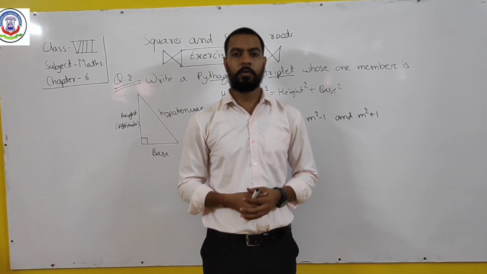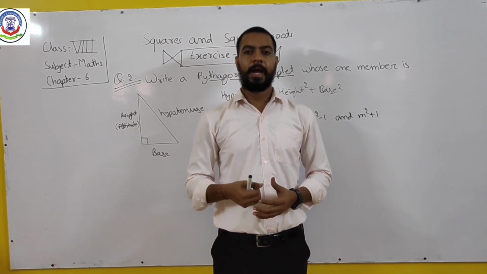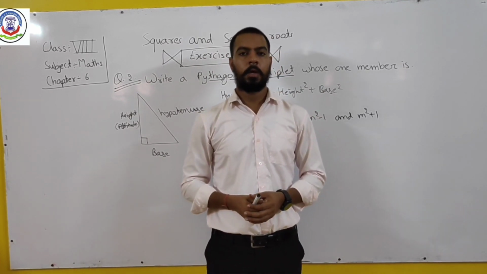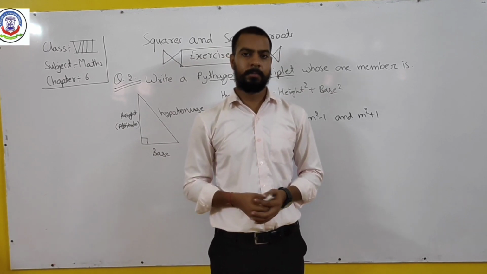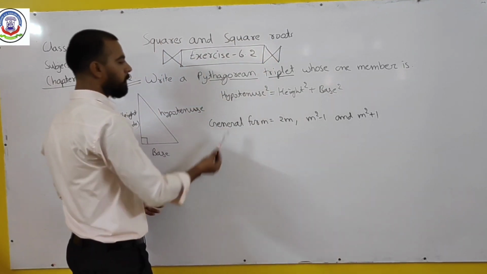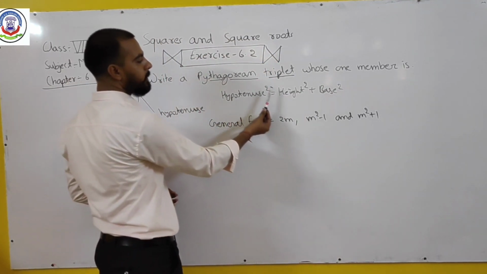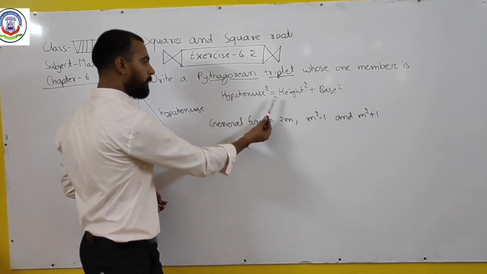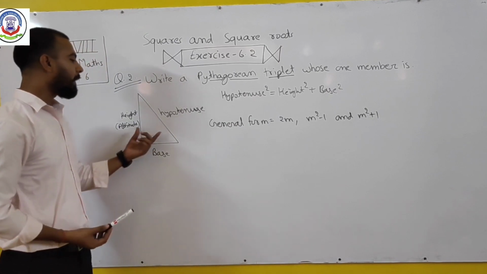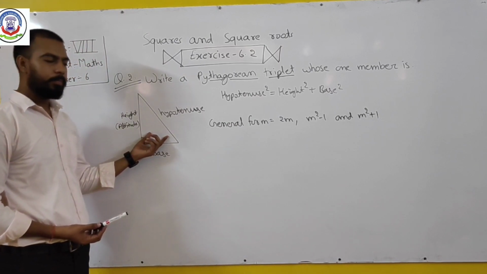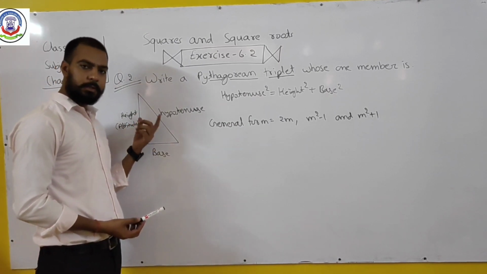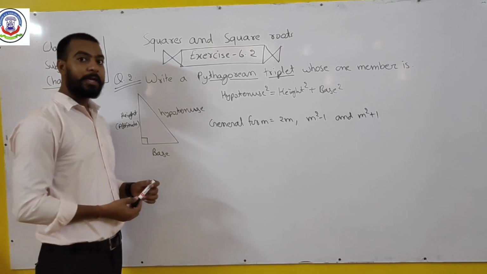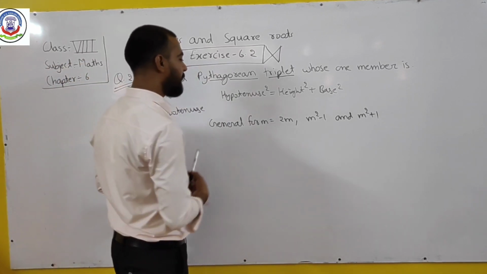There was a mathematician whose name was Pythagoras, and he gave a theorem known as Pythagoras theorem, and that theorem was hypotenuse square is equal to height square plus base square. This theorem was only for right angle triangle. We will study this theorem in the next class, class 9.